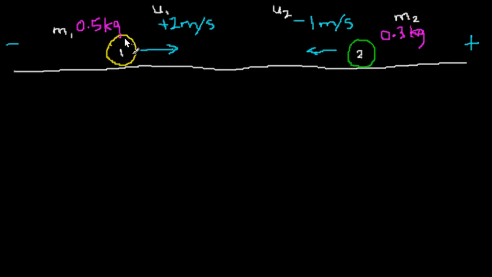Suppose that I start off with a ball with this mass and velocity, and another ball going in the opposite direction and hitting each other and then bouncing off again.